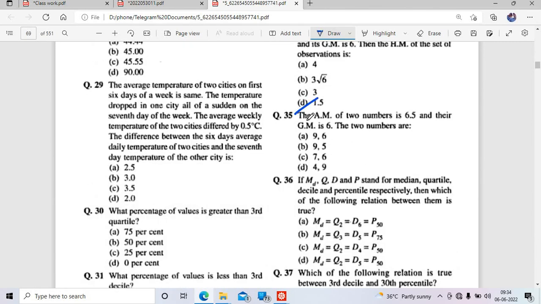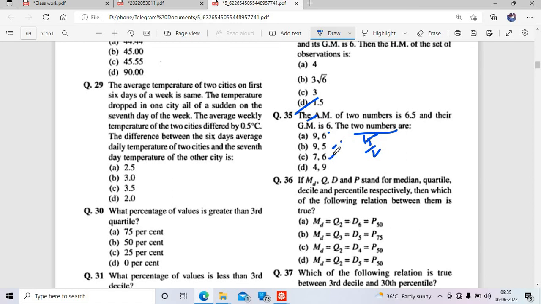See here, you need to find the relationship between the means. The AM of two numbers is 6.5 and the GM is 6. So what are the two numbers? You can just go through the options. The average should be 6.5. When you add 9 plus 6 is 15, 15 by 2 is 7.5. 9 plus 5 is 14, 7.